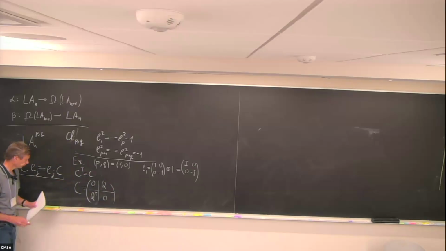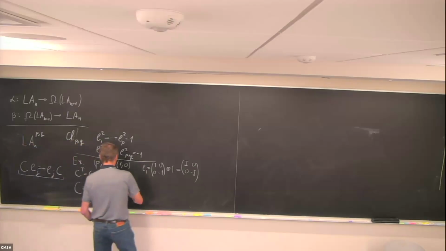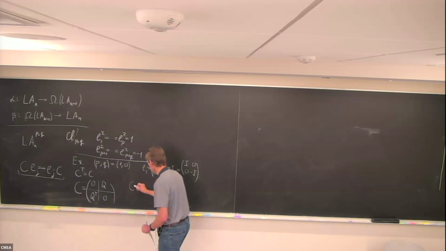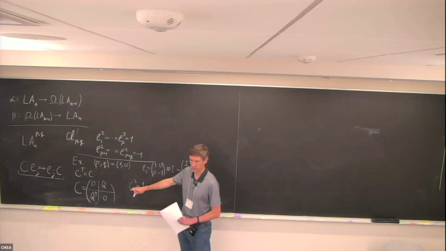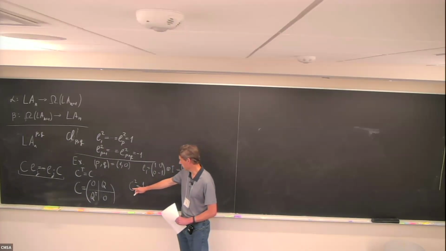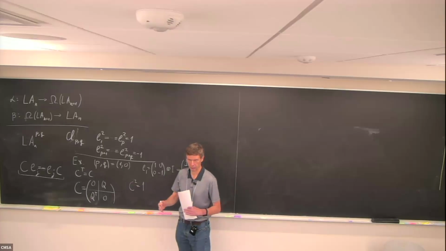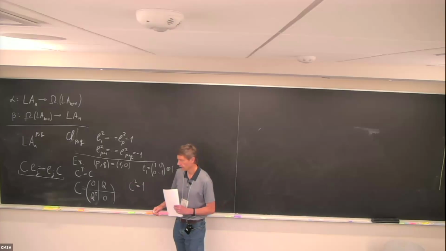And if we also require that C squares to 1, and remember that we talk about gapped matrices, gapped matrices have C squared close to 1, not 0 and not very large.